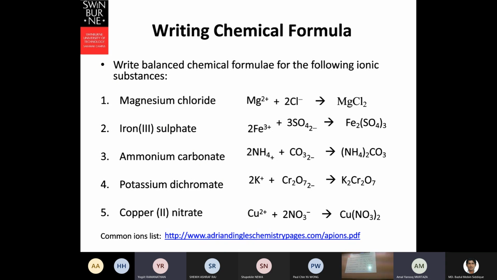Since it's 2 positive charge, to neutralize this 2 positive charge, and chloride is 1, so 2 will be needed. Same goes for here. It's 2 negative charges, and 1, so I need 2 of them. So this way it will go. We'll learn more about it later.